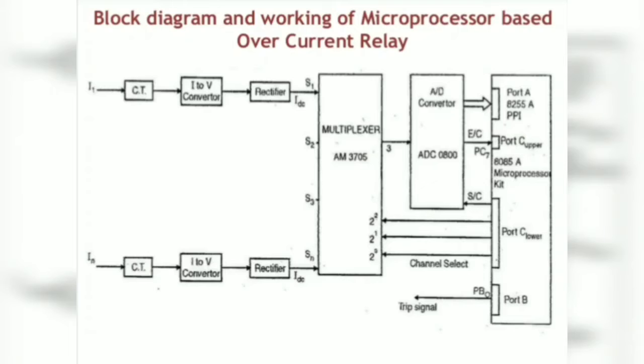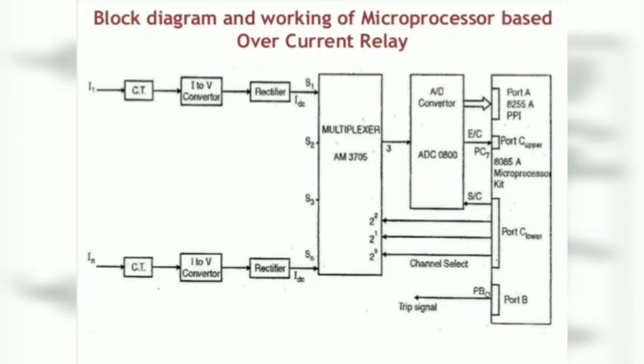The schematic diagram is shown in the figure. The output of the rectifier is fed to the multiplexer. The output of the multiplexer is fed to the analog to digital converter to obtain the signal in digital form, so the microprocessor can accept that signal.